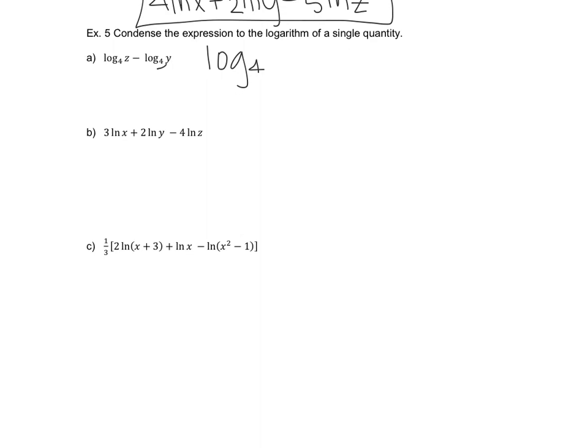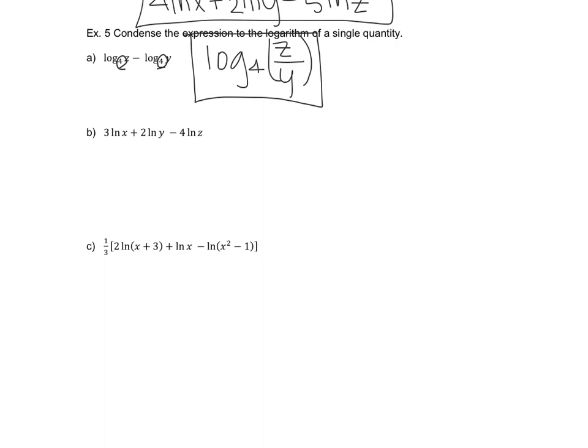You always write the base. Always, always write the base. If it's not understood to be 10 or e, those are the only exceptions where you would not have to rewrite your base. So I have a log base 4 of z divided by y. And that would be writing it as a single log.